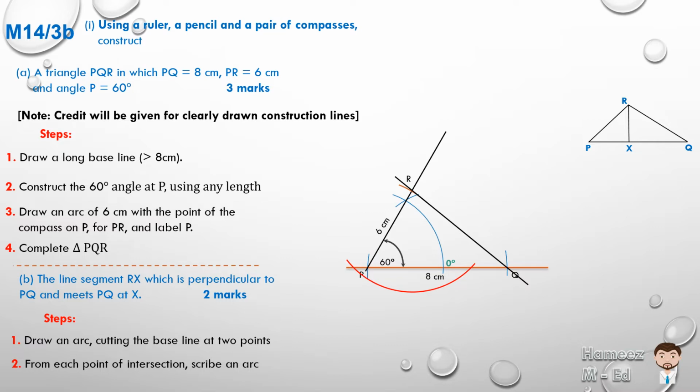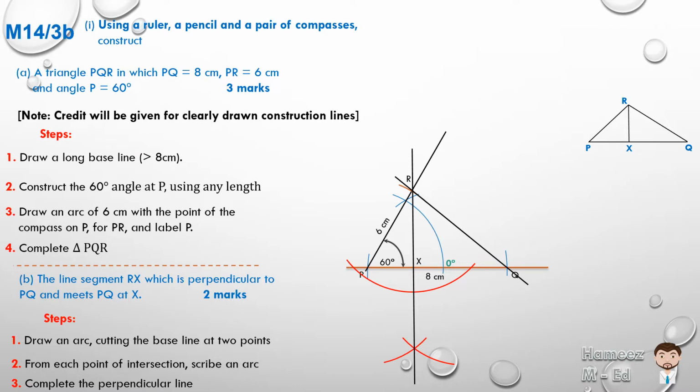And at each point of intersection, we're going to rest our metal point there and scribe an arc below on one side. And let's go on the other side and scribe another arc. So we now have our intersection at the base. And let's draw a long line from R coming down through that point of intersection. So that is where we've dropped a perpendicular from R. And we can label X, of course.